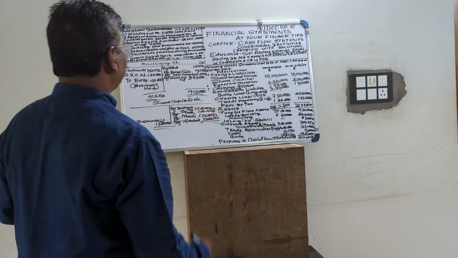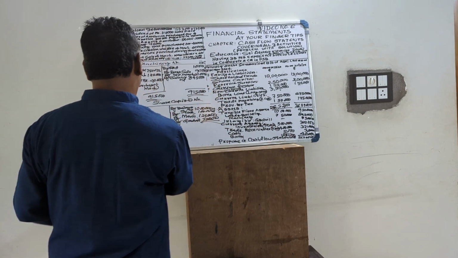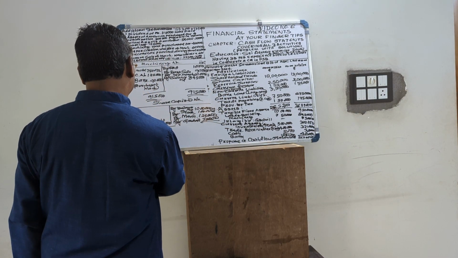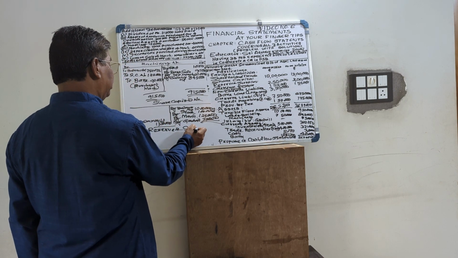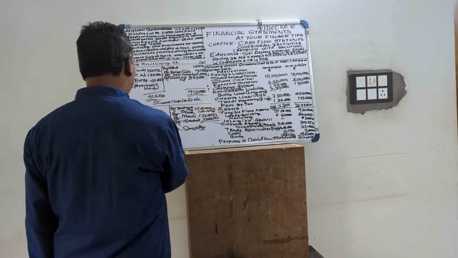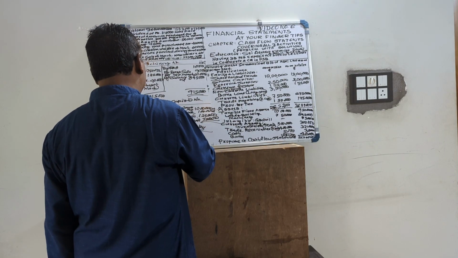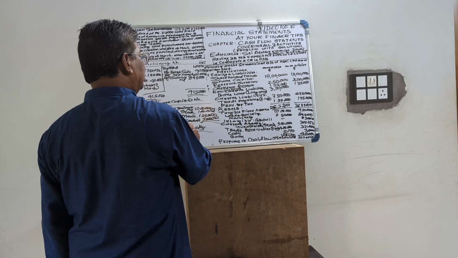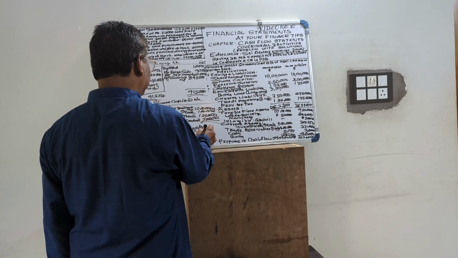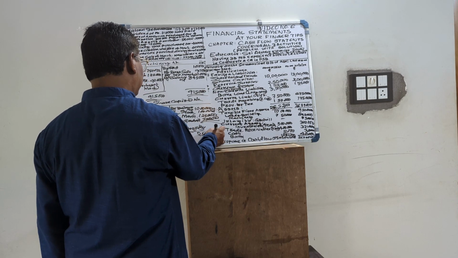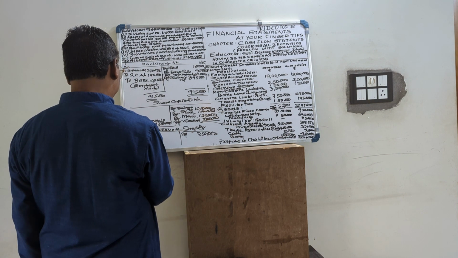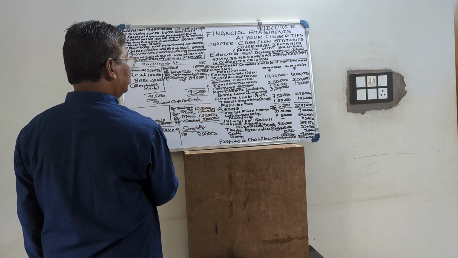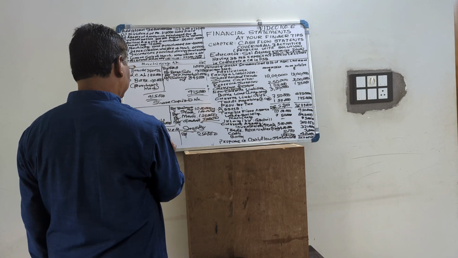Then we will think about reserve and surplus. The opening balance was a liability, that is by balance brought down. It was 2,50,000. Then to balance carried down, amount comes to 3 lakh.